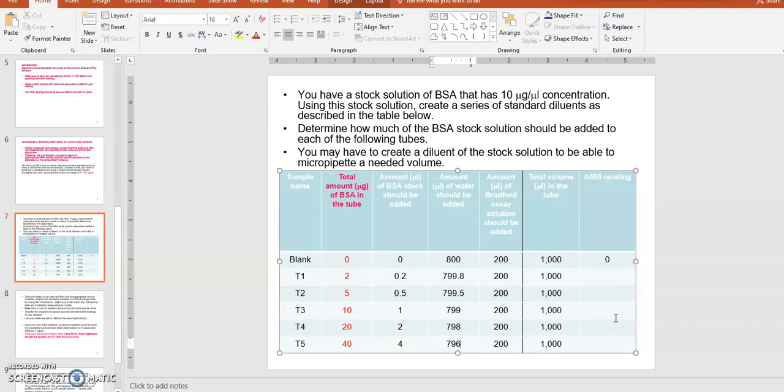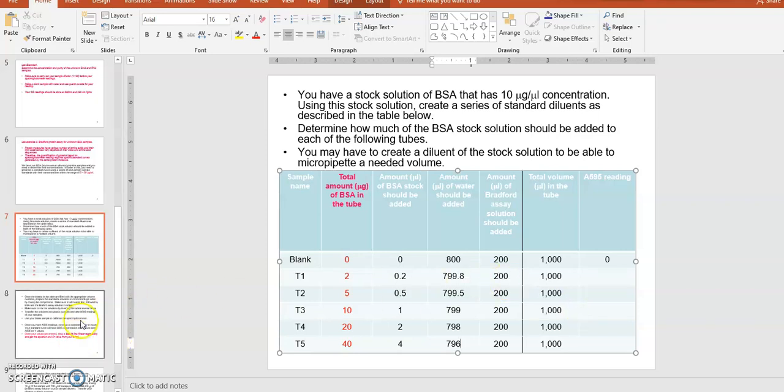You need that equation to estimate the concentration of your unknown sample. So this table with these 6 dilutions of BSA is needed to construct a standard curve. From your standard curve you will get the linear equation, and that linear equation is needed to estimate the concentration of your unknown sample.